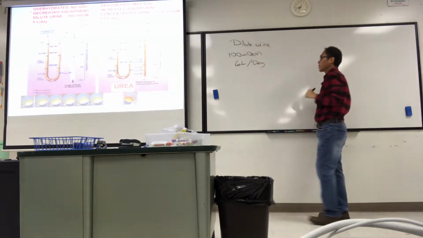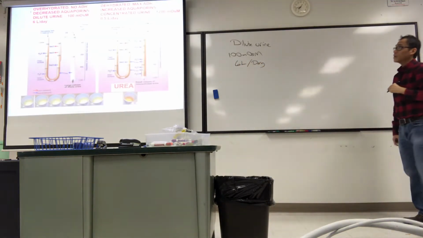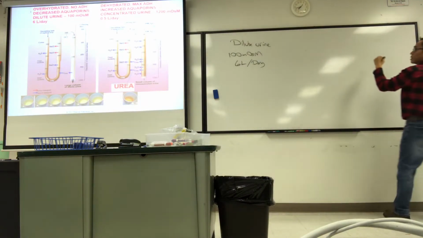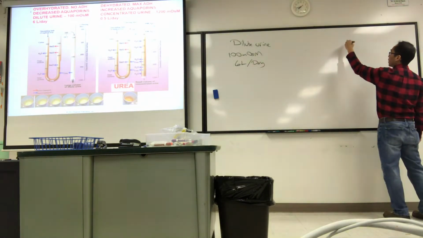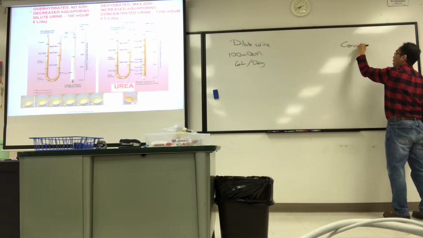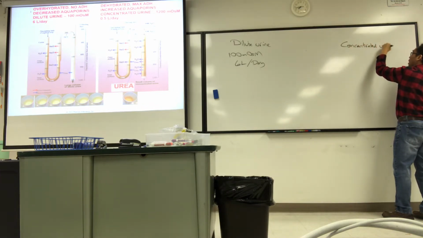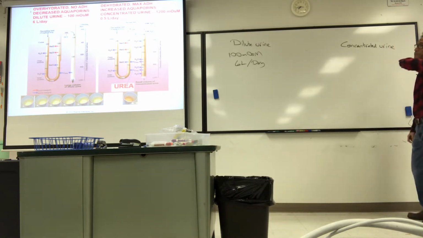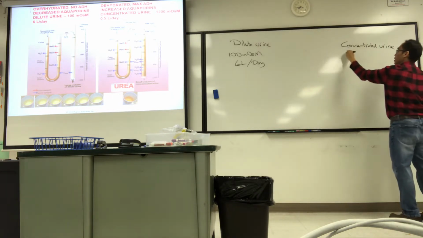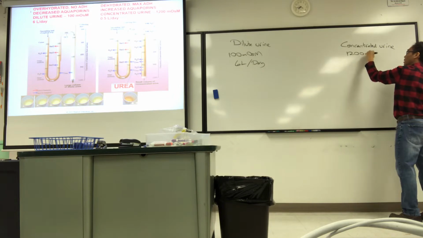On the other end of the spectrum, with high amounts of aquaporins, if you're dehydrated, say, concentrated urine, 1200 milliosmolarity.